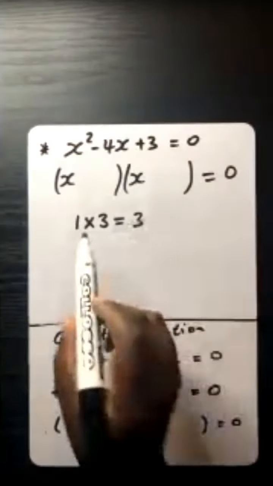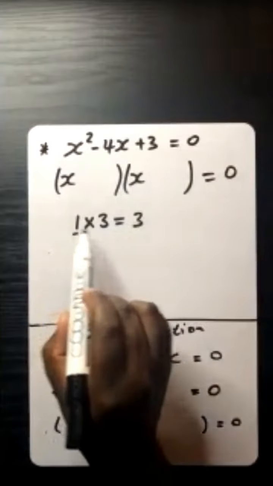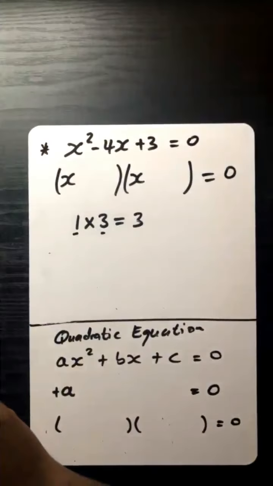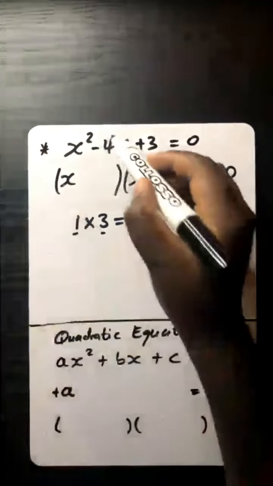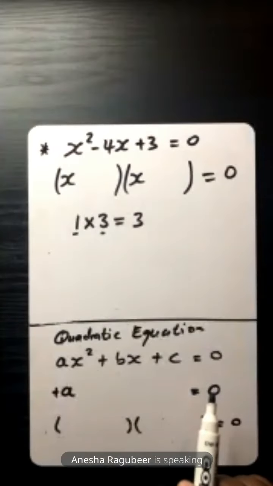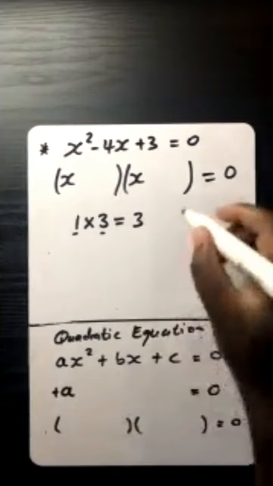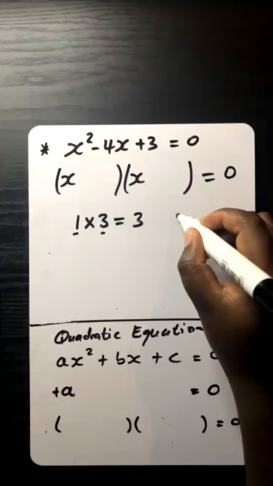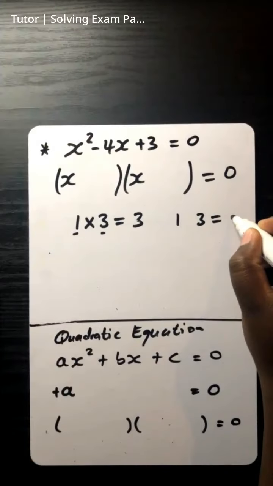Then, can you work out these two numbers to give you 4? Shreyas, yes, sir. The answer to that question is a big yes, which means you can say 1 and 3. You can use a sign for them to give you 4.